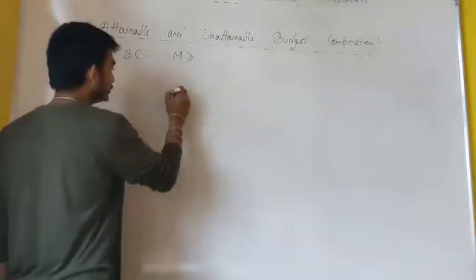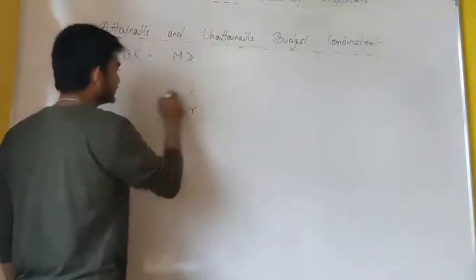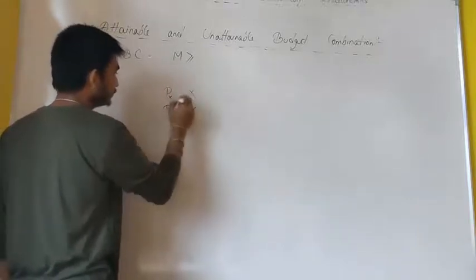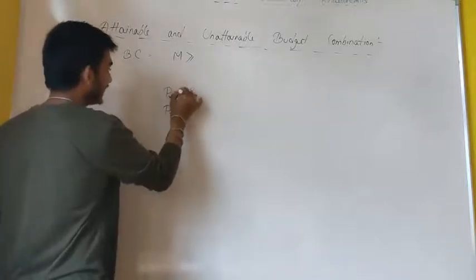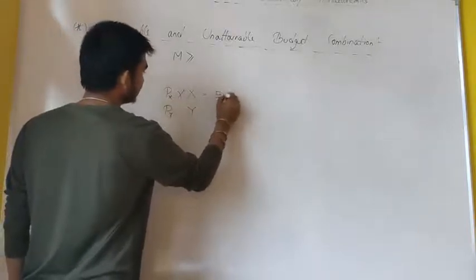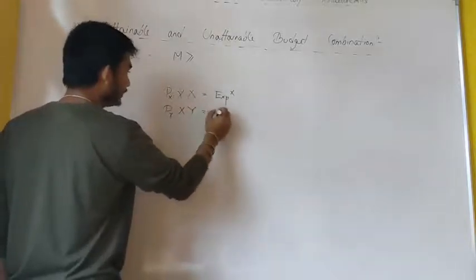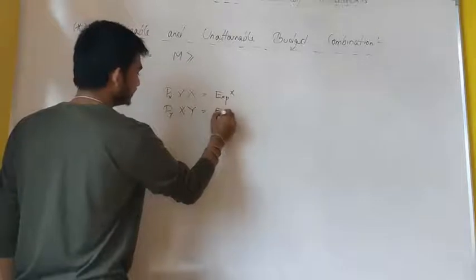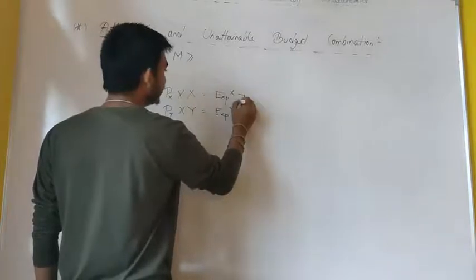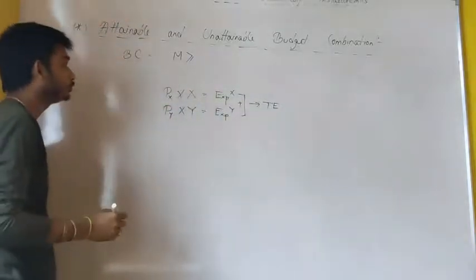Suppose we have two goods X and Y, and the prices of the two goods are Px and Py. If we multiply Px with X, we get the expenditure on X, and if we multiply Py with Y, we get the expenditure on Y, and if we add these two together, we get our total expenditure on the two goods.